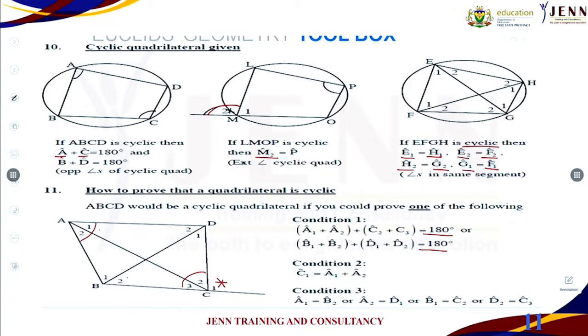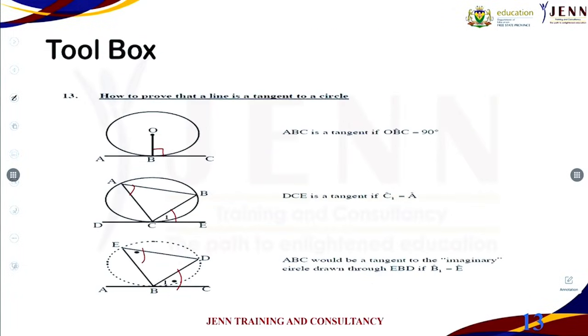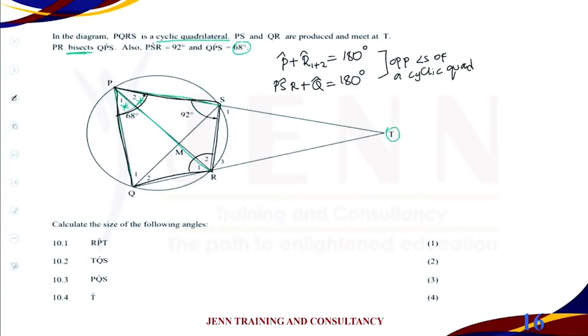So that is how you apply your toolbox. Now, because QR is produced, the minute they mention produced, I know there's a straight line. So the size of angle R3 will definitely be equal to angle P. Reason: it is an exterior angle of a cyclic quad.